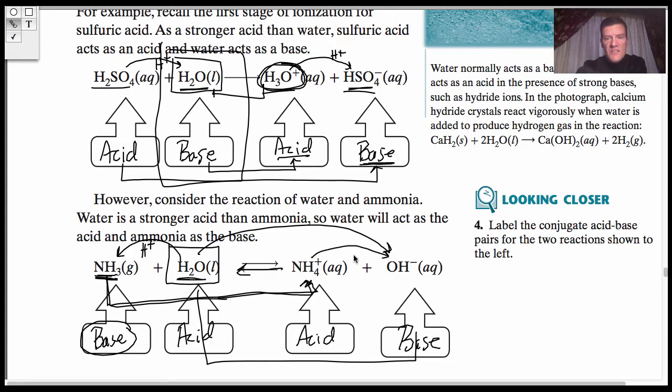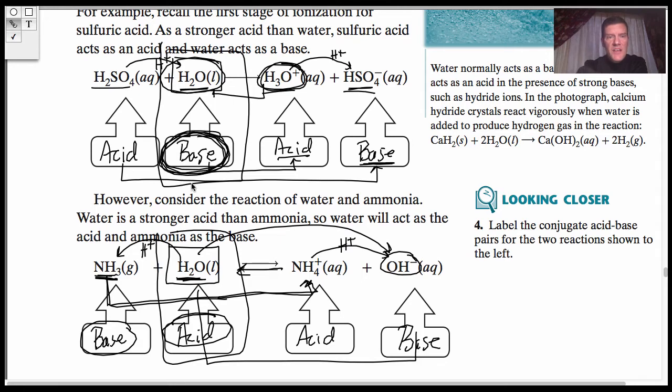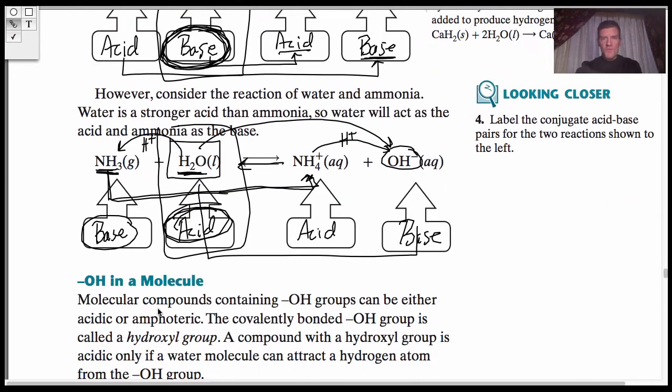This has to donate an H plus to the OH to get back to water. So my point here is, in this case, water is acting as an acid. So water is an amphoteric substance. It is a base here. It is an acid down there. It can behave as both.